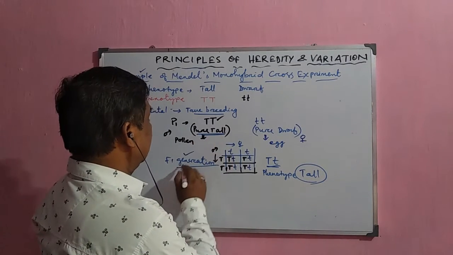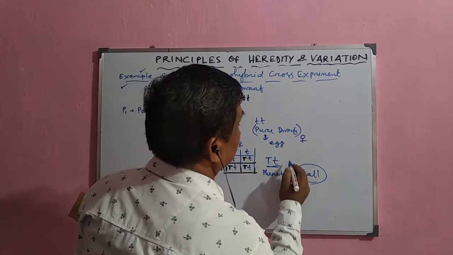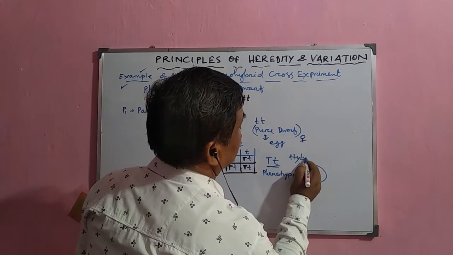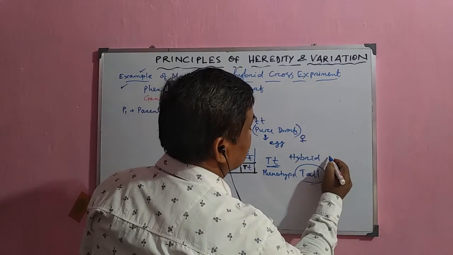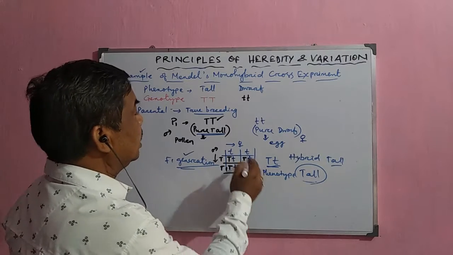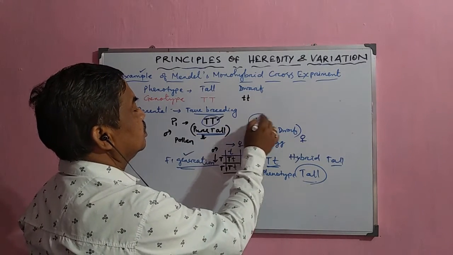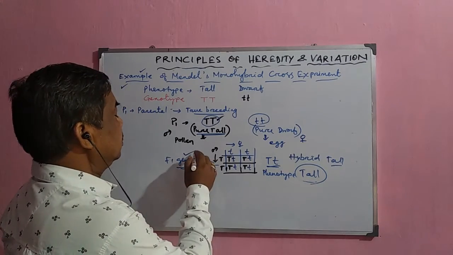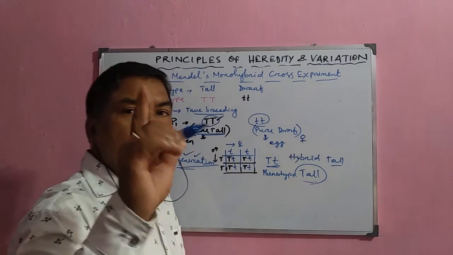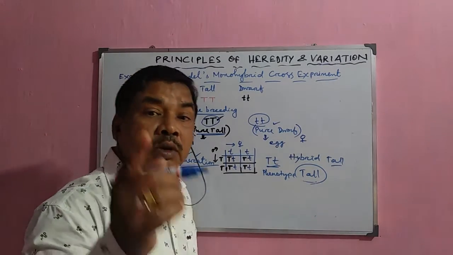But what is found in the F1 generation is the hybrid tall. What does it mean? There are two characters, the tallness character and the dwarfness character. But in the F1 generation, only one character is expressed and the other, the dwarfness character, is suppressed.